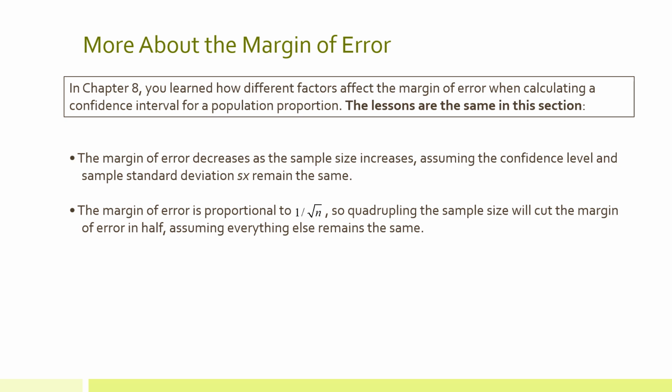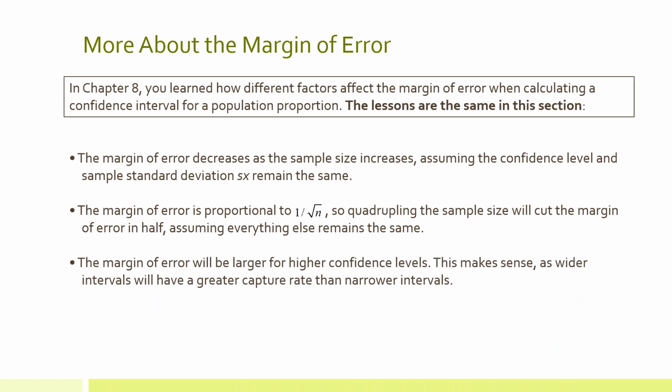I feel like every so often there is a strange question on the AP exam that asks you, hey, if I increase the sample size by 16 times, what will that do to the margin of error, right? So we're thinking about how this works in proportion.